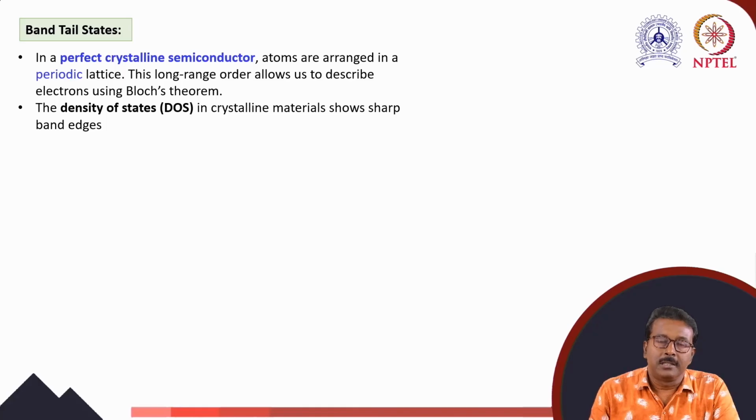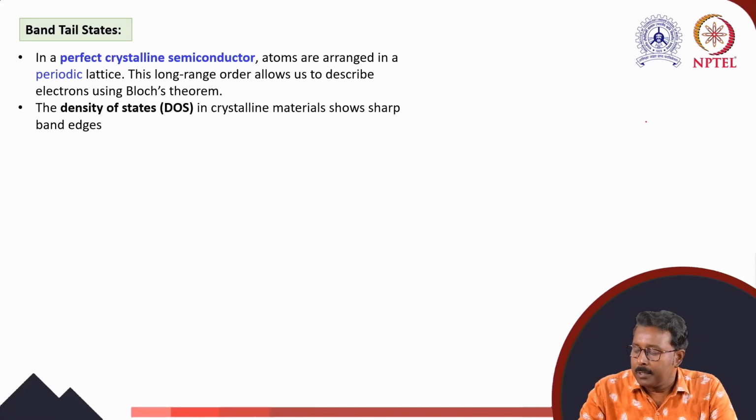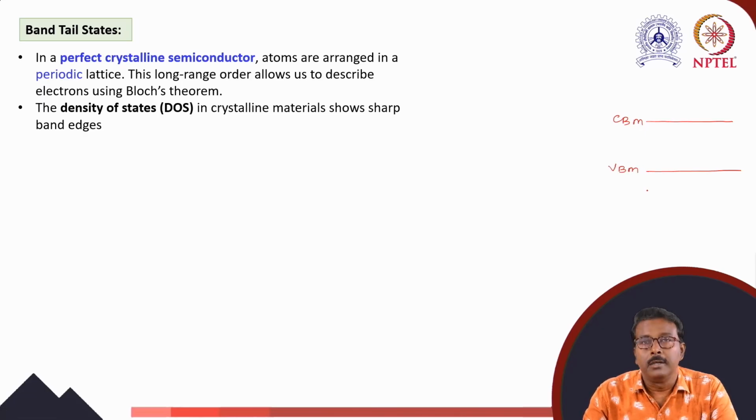Say, for example, if we redraw the band diagram and the density of states for a crystalline semiconductor material, it looks like this. Suppose this is the conduction band edge, or conduction band minima, and this is the valence band maxima.